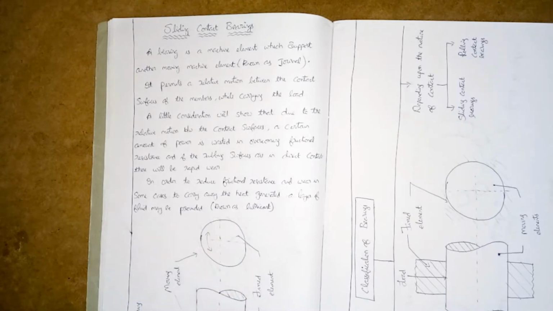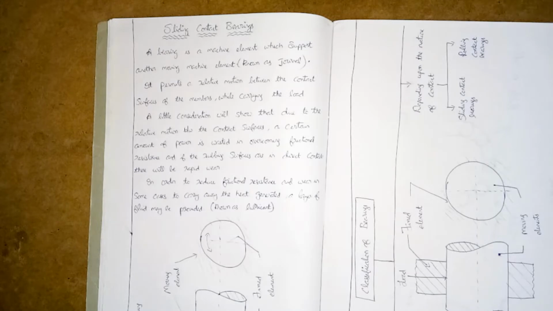In order to understand the bearing easily, we should know first its definition, and next how a bearing is working. With frictional resistance, what is happening to the bearing, to the journal, to the shaft, we have to understand.